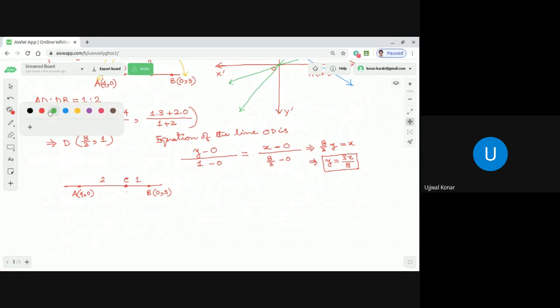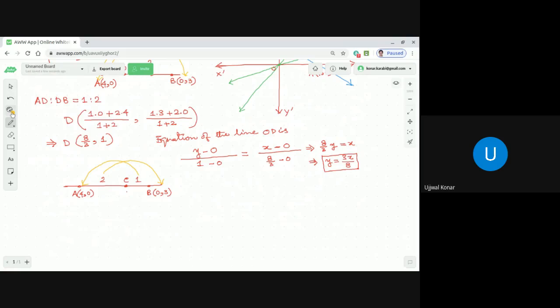And how to find the coordinate of the point C? For that, what you need to do is that 2 should be related to the coordinates of B and 1 should be related to the coordinates of A. To know details about the internal section formula and external section formula, please go back to my relevant video lectures, which are available both on YouTube and on the online platform.